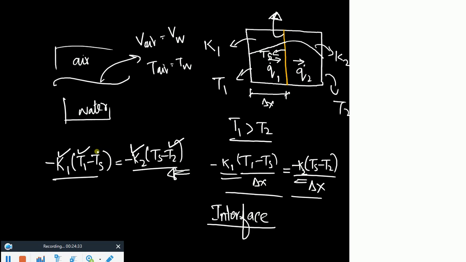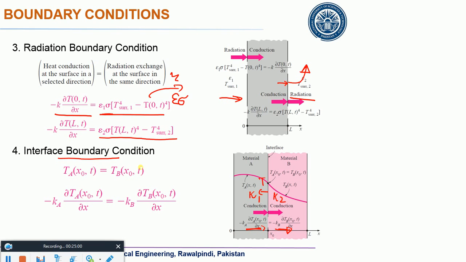These two temperatures, T1 and T2, they would adjust themselves in a way that heat transfer remains the same on both sides of that interface boundary, right? So this is what the energy principle is. You can't violate it. Whatever is coming in needs to go out. Is there any problem? Okay.